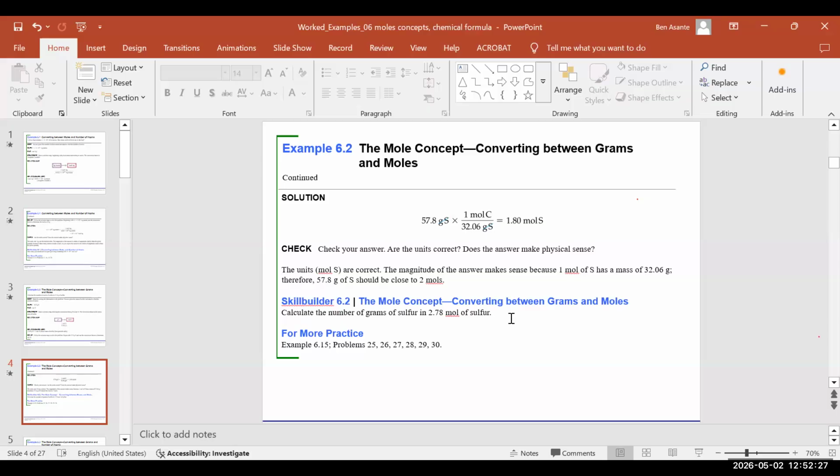I got 86.58 grams. And engineer, how much did you get? 89.1. Yes, sir. Okay, engineer got 89.1 grams.